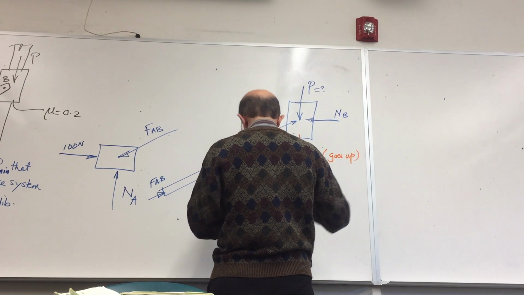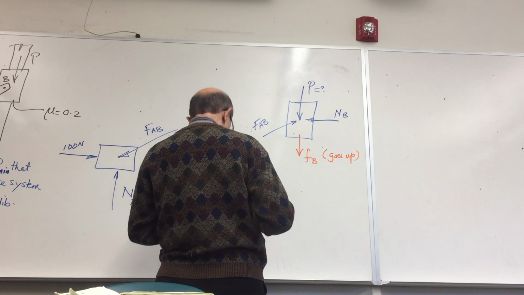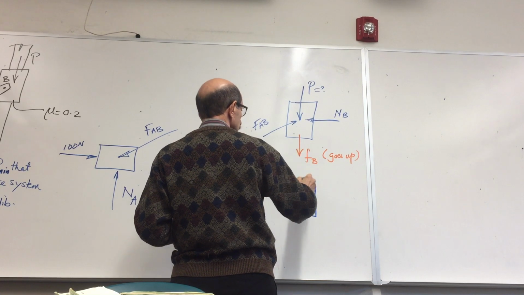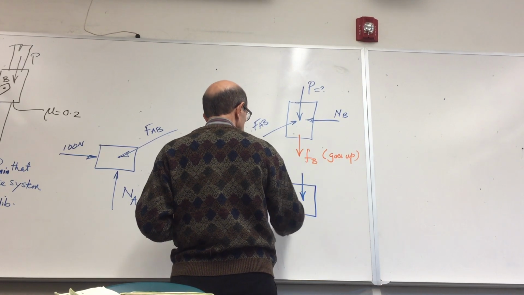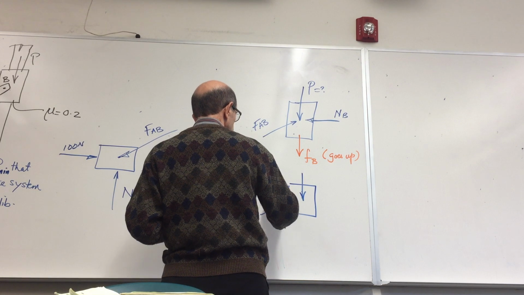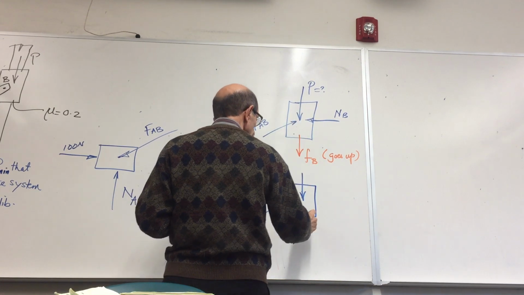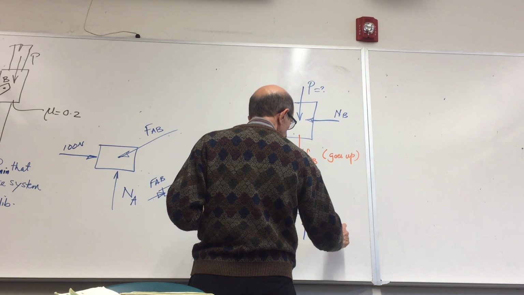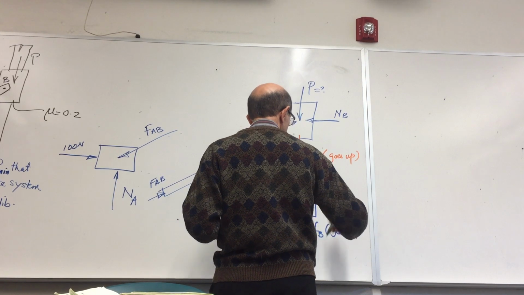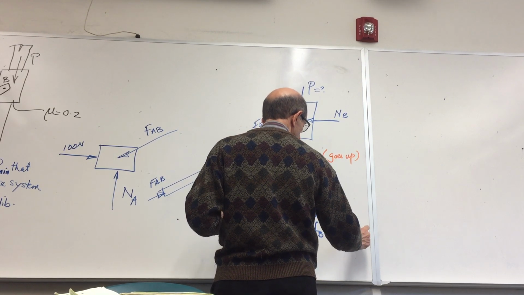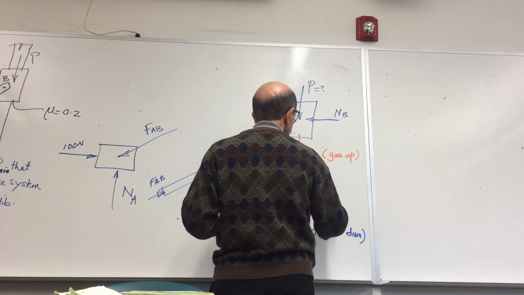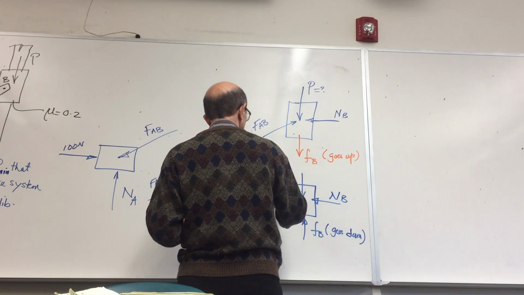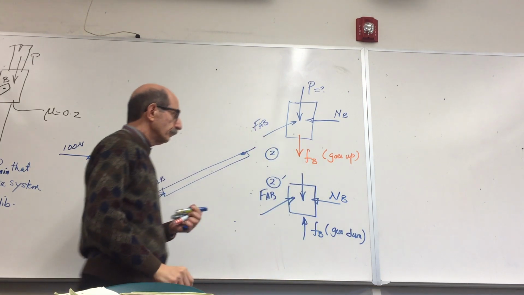If the force of P is large enough, that may actually create a motion this way, so the friction force would be like this if it goes down. So I call this free body diagram 2, and this is 2 prime.